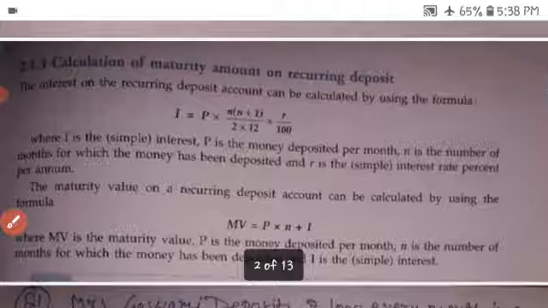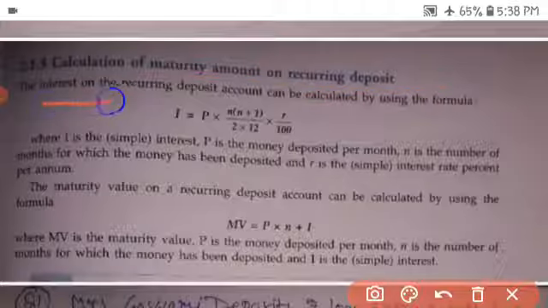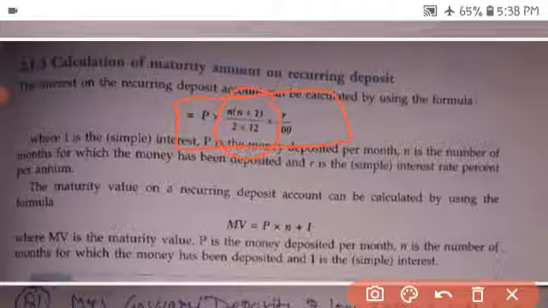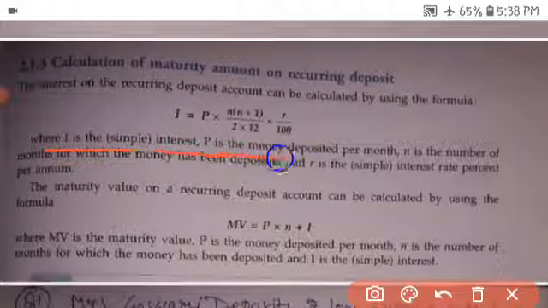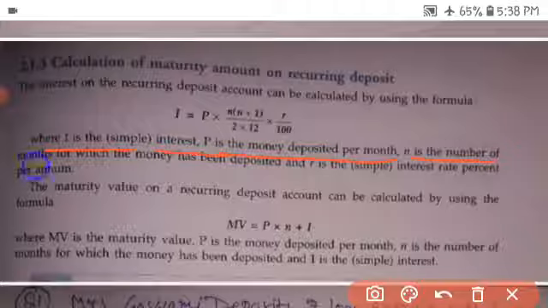Now here starts the calculation of maturity amount on recurring deposit. The interest on the recurring deposit account can be calculated by using the formula I is equal to P into (n plus 1) upon (2 into 12) into R upon 100, where I is the simple interest, P is the money deposited per month, n is the number of months for which the money has been deposited, and R is the simple interest rate percent per annum.